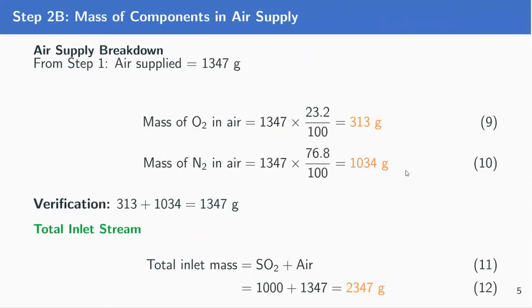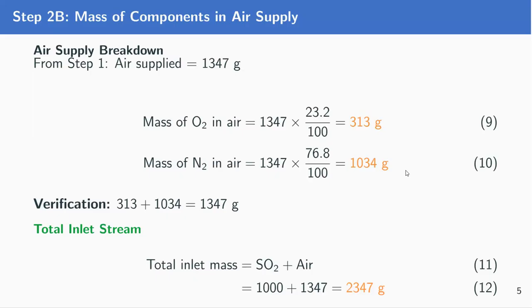Next, step 2b, calculate the actual masses in our air supply. We supply 1347 gram of total air. So mass of oxygen in air is 1347 times 23.2 divided by 100, meaning 0.232, so that is 313 gram.